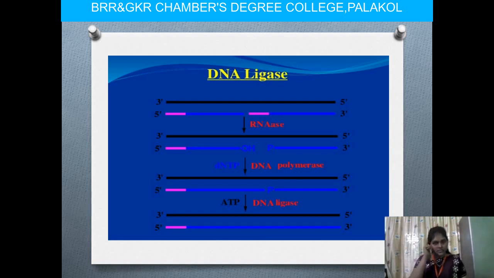The next one is DNA ligase. In general it is the glue which attaches DNA strands. That is called DNA ligase. It uses phosphodiester bonds for the attachment of two molecules.